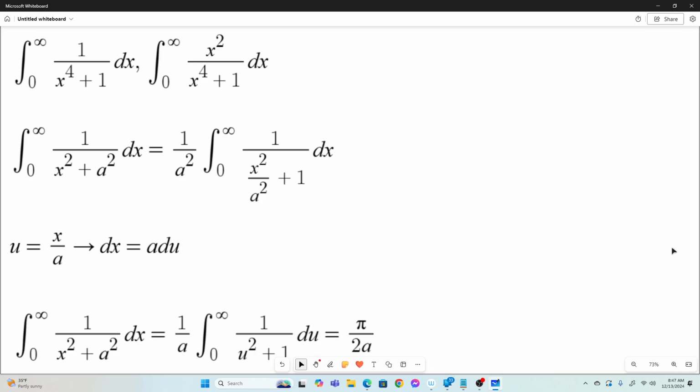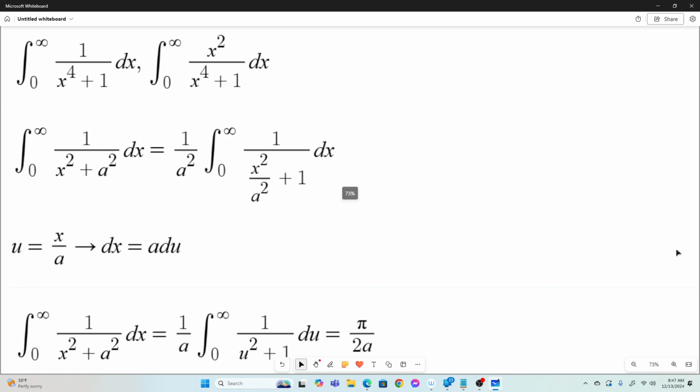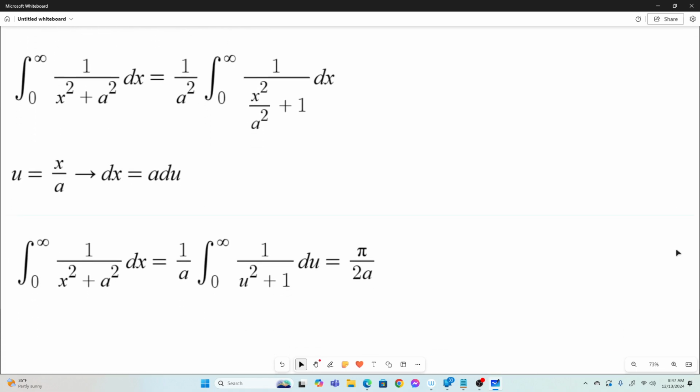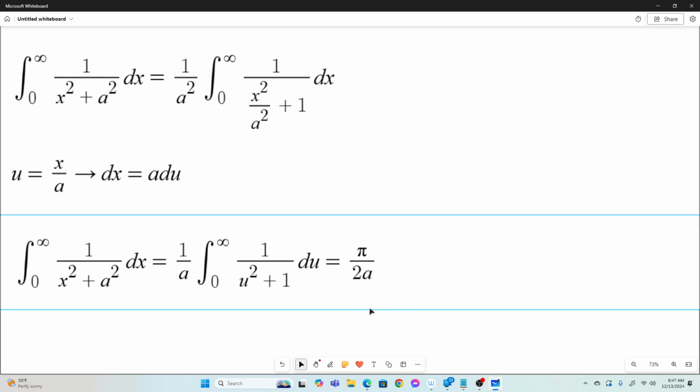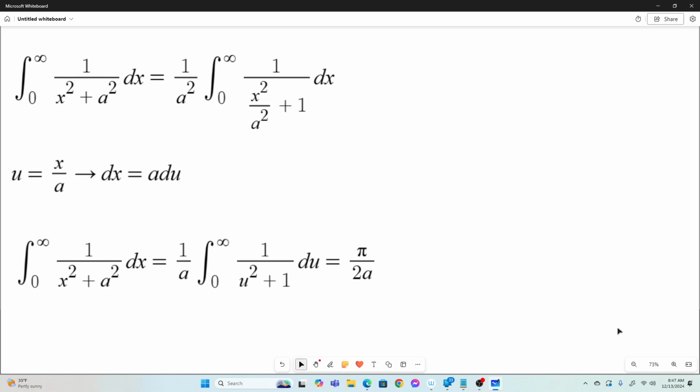Applying that substitution, we get the integral from 0 to infinity of 1 over x squared plus a squared is equal to 1 over a times the integral from 0 to infinity of 1 over u squared plus 1 du. And we all know that this integral right here is just pi over 2. So this integral right here in terms of a is just pi over 2a.